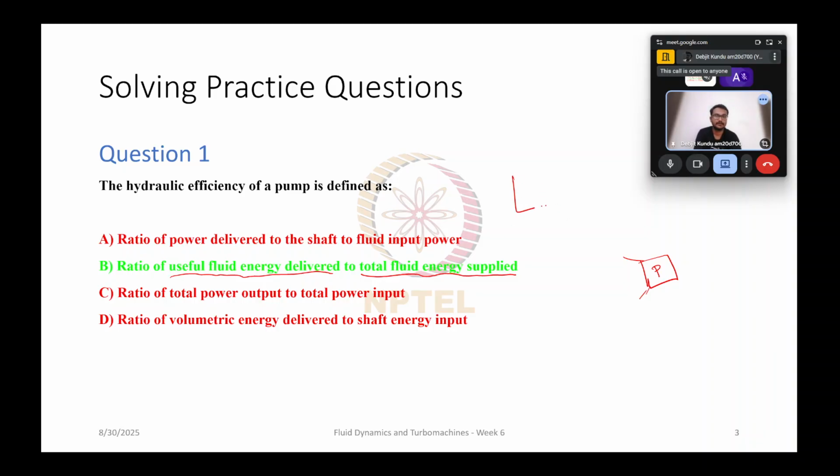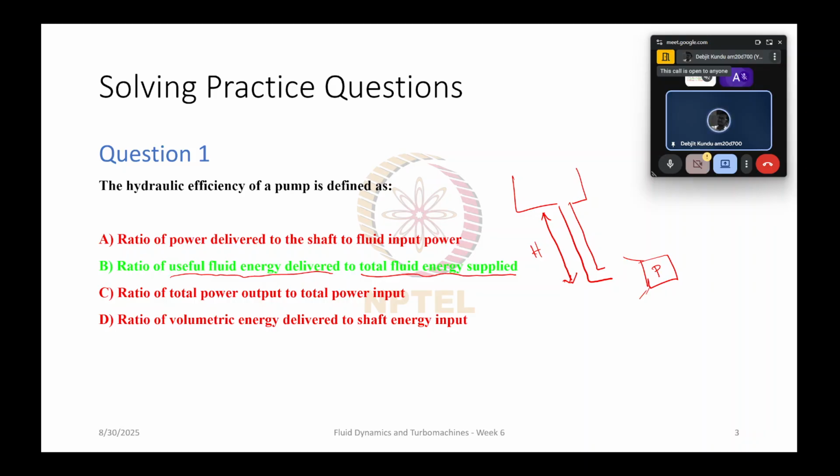So let's say if I have a reservoir somewhere here, there's a total head of say h meters being supplied. That entire fluid energy is not really what acts as the actual input to the pump impeller.